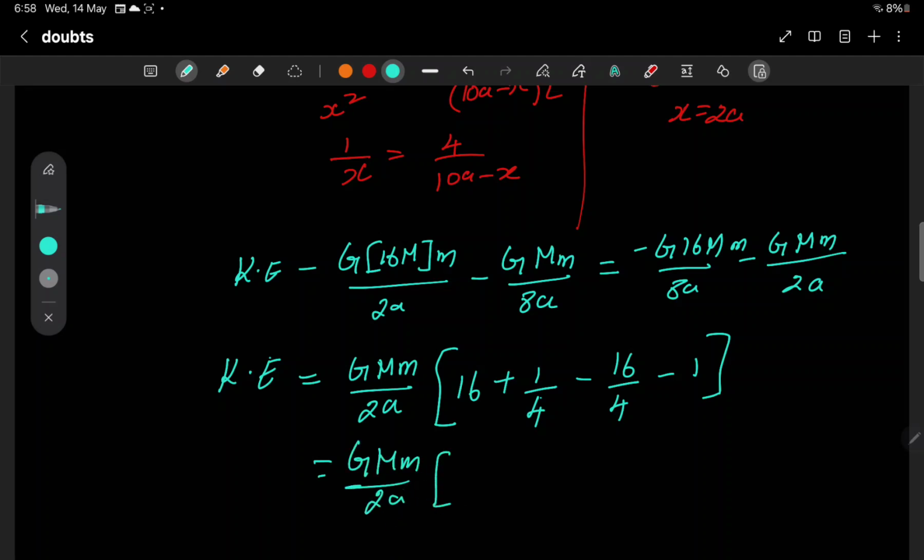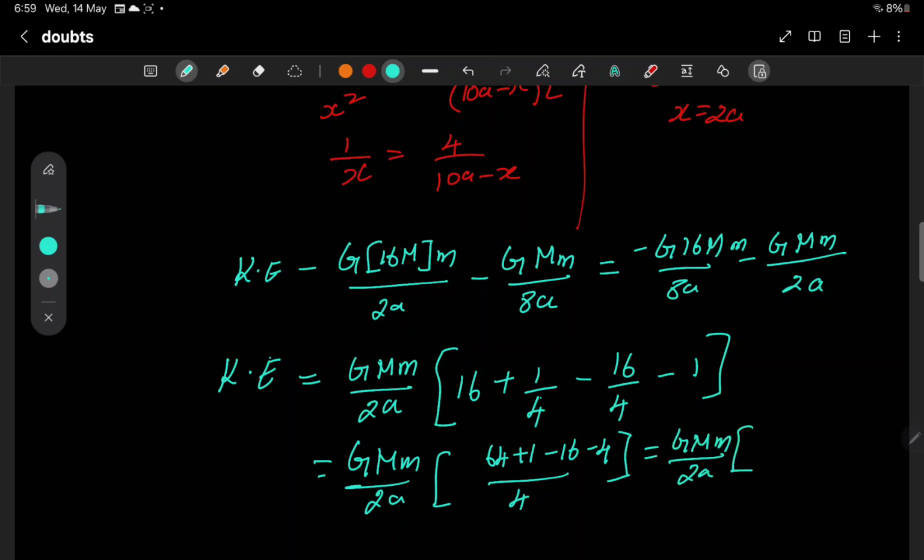Here actually we can take 4 as the LCM. If we take 4 as LCM, what will we get? Here LCM is 4, and this is 64 plus 1 minus 16 minus 4. Now we will get GMm by 2a.